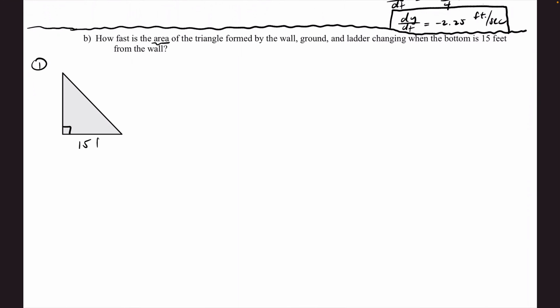This is 15 feet. This is 25 feet. This is 20 feet. x will still be 15 feet. y will still be 20 feet. z is still 25 feet. dx over dt will still be the same, 3 feet per second.